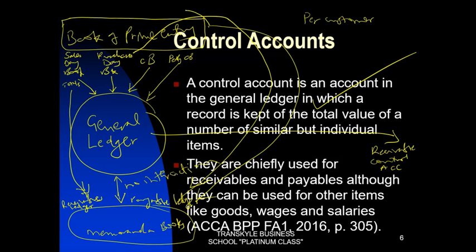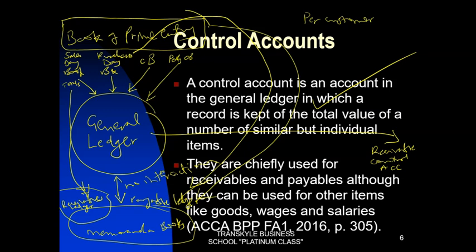But when you want to know more about that total, you have to consult the receivables ledger. This will tell you that Mr. So-and-so is owing us 200,000, Mr. So-and-so is owing us this much, Miss So-and-so is owing us this much. So the receivables ledger or payables ledger are also called lists of balances.